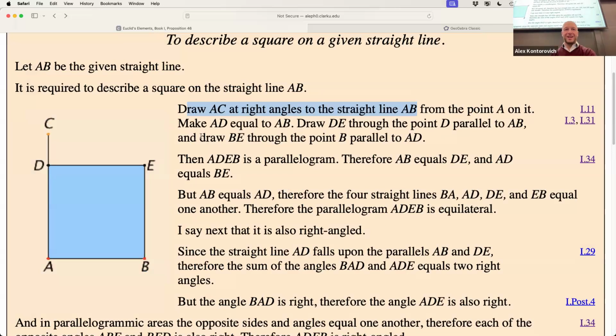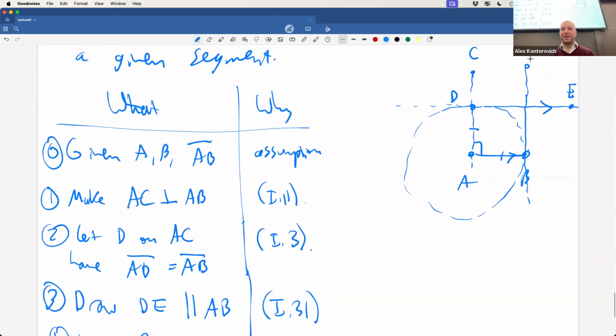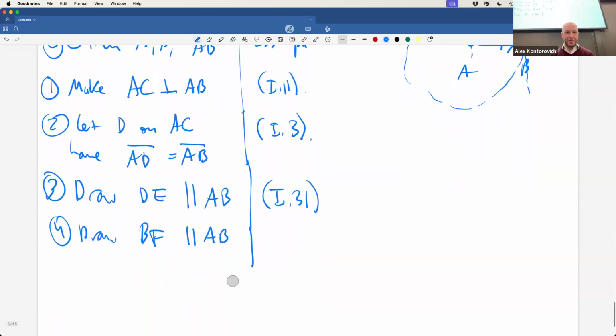Then he says, draw BE through the point B parallel to AD. I would argue that he should separate this E from that E, and say it slightly more precisely: draw BF parallel to AD at B. So drop another parallel over here, and this point I'll call F. So this line is parallel to that line, AD, not AB.